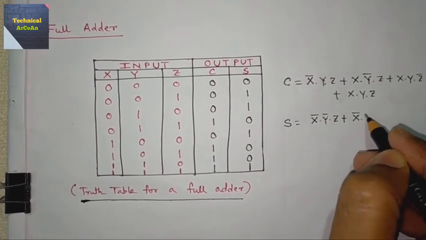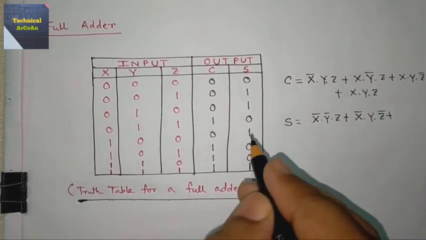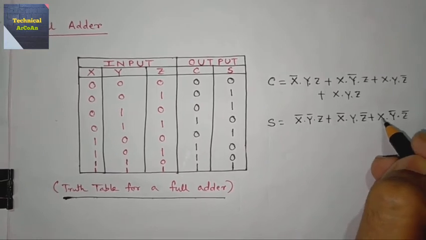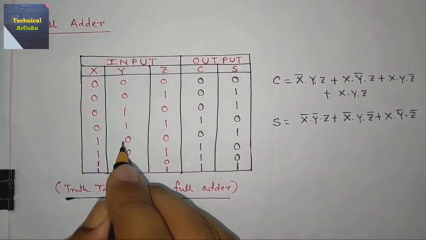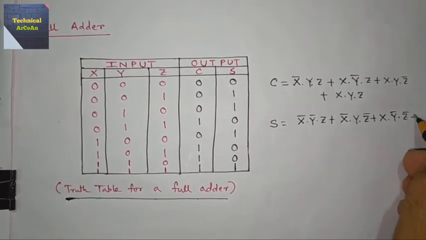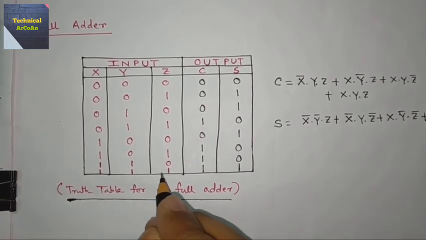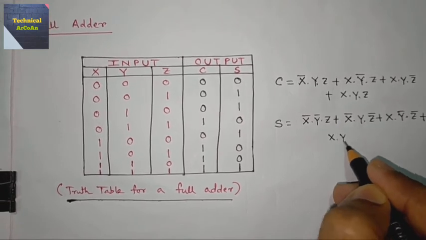X0 means X complement, Y1 means Y normal, Z complement, because Z is 0. Now in this position X is 1 and both others are 0. X dot Y complement dot Z complement, because X is 1, Y and Z are 0. And after that, in this position all the X, Y, Z are 1, so X dot Y dot Z.